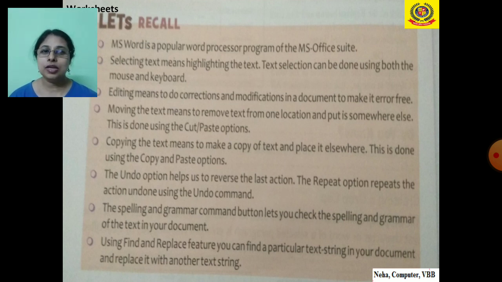What does it do? It repeats the action undone using the undo command. So if we have clicked undo on some of the text, and then we do the repeat option or the redo option, whatever we have undone, it will repeat that action.